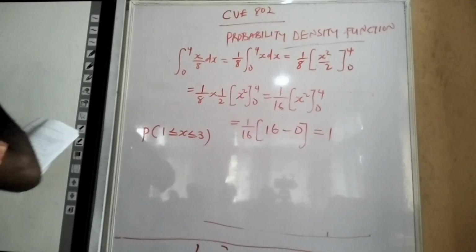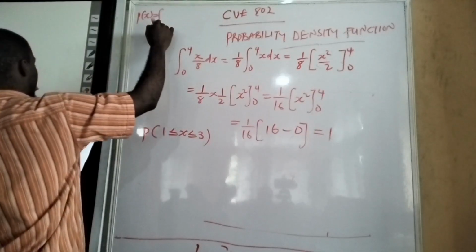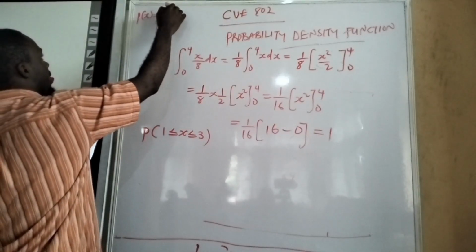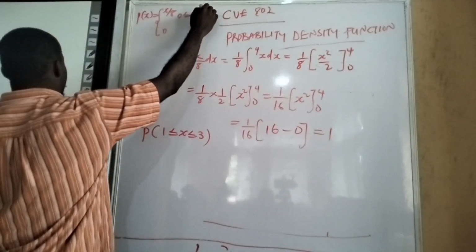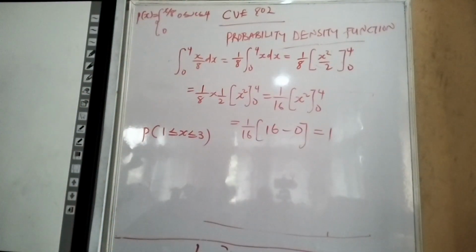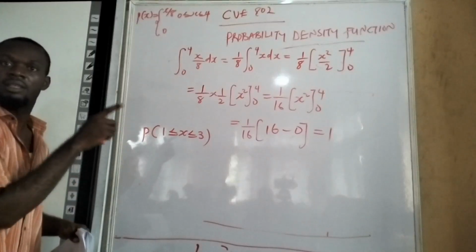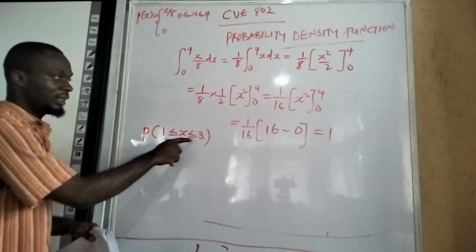So the problem is saying we should find P. Let's pay attention. This is the problem. We should find P when s is between 1 and 3.